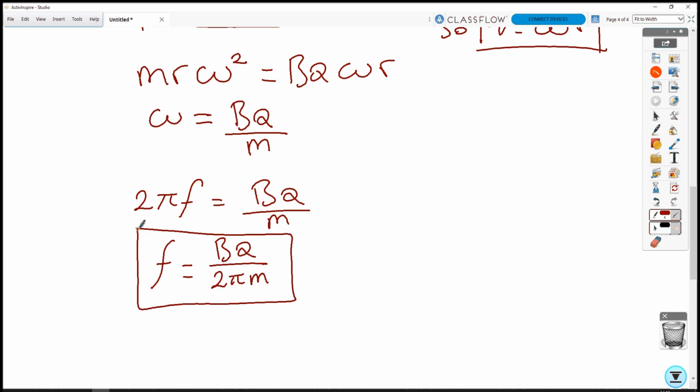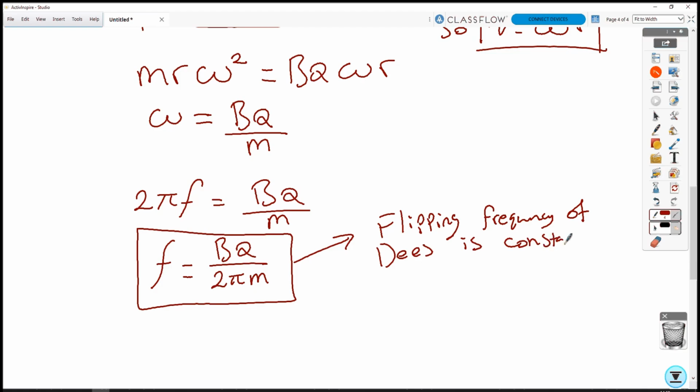The charge of the proton is constant. And the mass of the proton is constant because we're ignoring relativistic effects. So that shows us that the flipping frequency of the D's is constant. And in brackets, I'm going to put ignoring relativity.